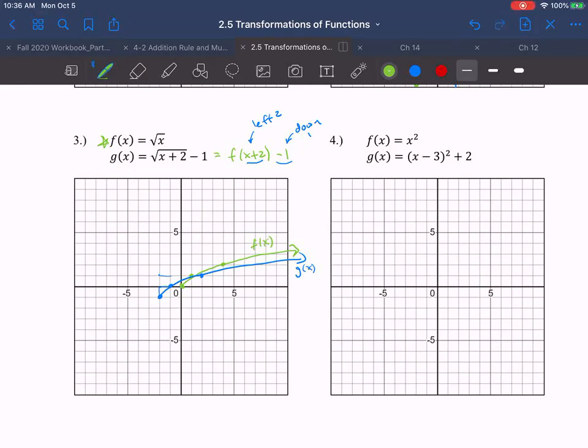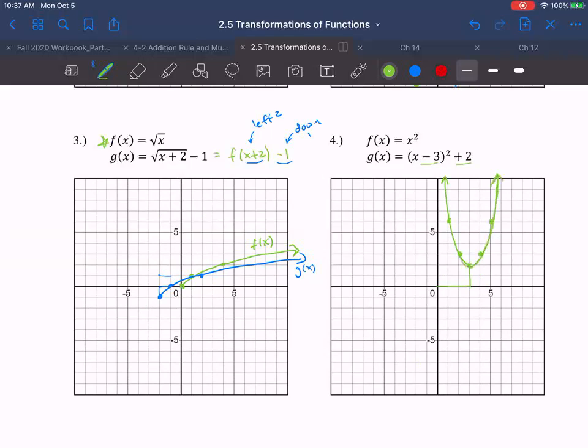This other one, I'm not going to go through and do the whole thing, but what you should have had is a horizontal shift in the +3 direction, and then a vertical shift up 2. So that's over 3 up 2, and that puts our parabola right there, and then just redraw our standard parabola right there with these key main points like that. 2, 4.